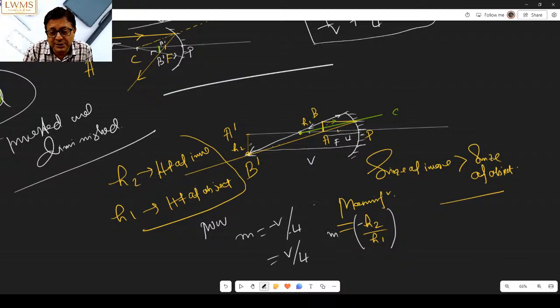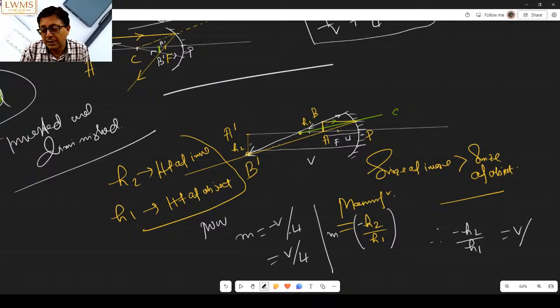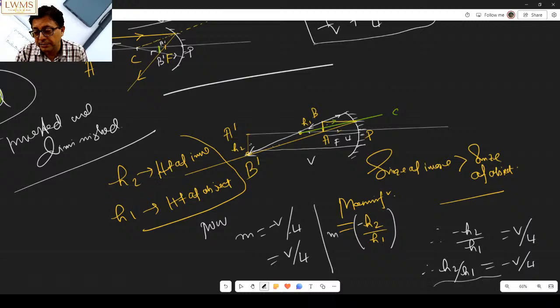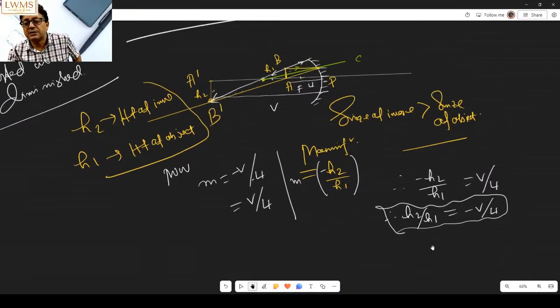But magnification we got here earlier, therefore minus h2 by h1 equals V by U. So h2 by h1 is minus V by U. Clear? This is called magnification.